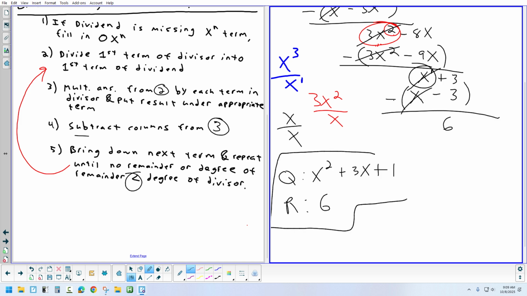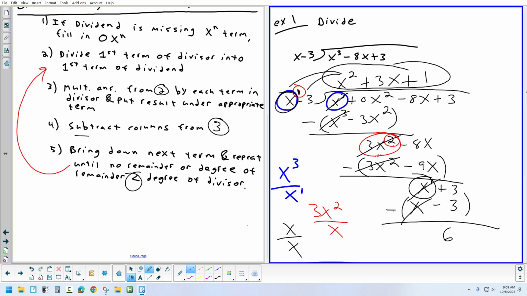So that's one way you can write your answer. Now, did I get a remainder of 0? No. So what do you think that means about x minus 3? Not a factor. Yeah, it's not a factor of x cubed minus 8x plus 3. So if you were trying to factor this cubic, x minus 3 is not what you should use.